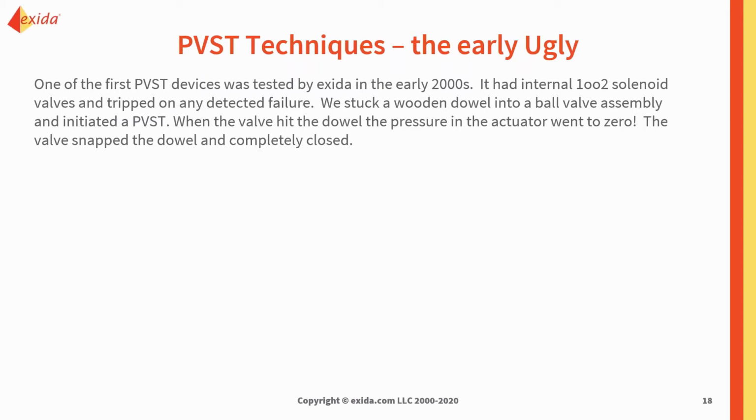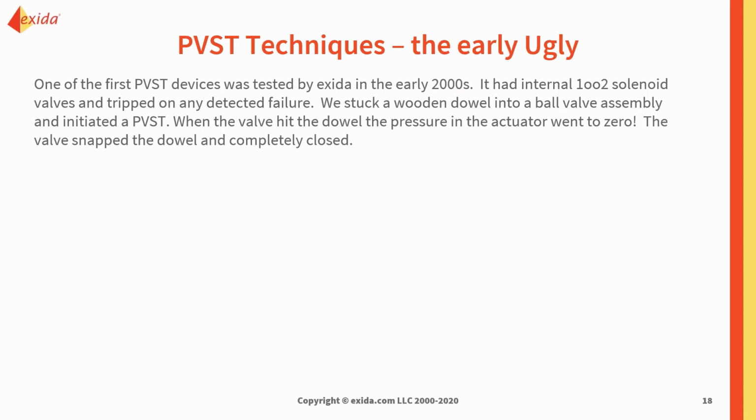A lot of field failure reports talk about the early days of partial valve stroke testing. In this first case we're looking at, this was one of the early PVST devices that was tested by Exida in an attempt to certify it. It had 1 out of 2 solenoid valves, and it was pre-programmed to trip on detected failure. In order to test the PVST mechanism, we inserted a wooden dowel in the ball valve, and we initiated the PVST test.